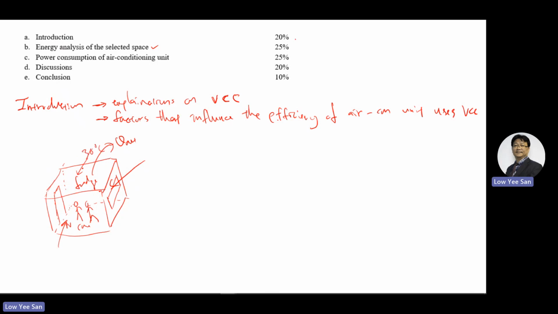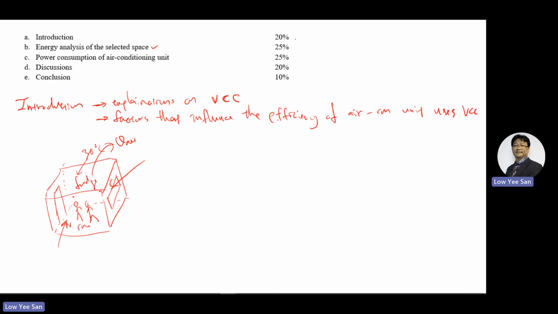Let's say the two rooms next to your office are occupied, and the temperature of those rooms is the same as the temperature set in your room. In this case, if you don't have a temperature difference, then you don't have heat transfer, lah. So you don't need to worry about the heat transfer. It depends on the assumption lah.